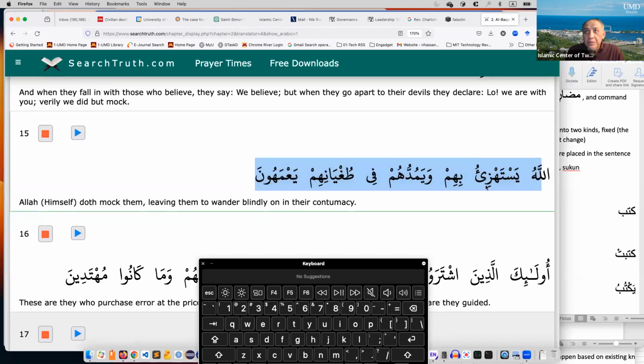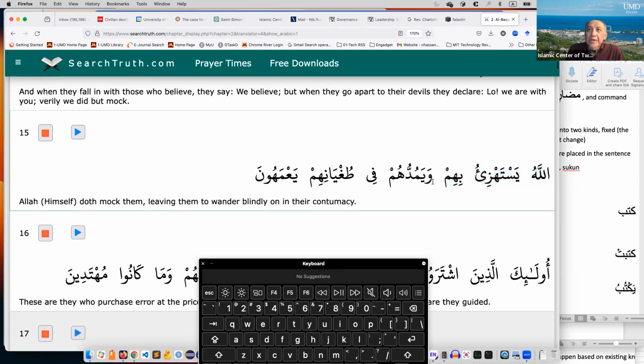This is a fragment: Allahu yastahzi'u, meaning Allah mocked them, Allah made fun of them. Then we could add this: Allahu yastahzi'u bihim. Yastahzi'u bihim, there's one fragment.